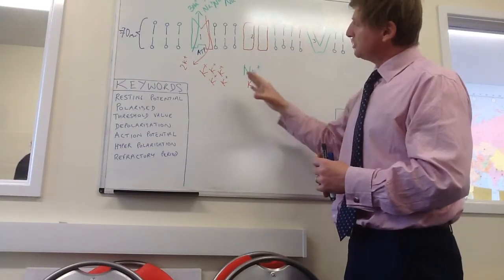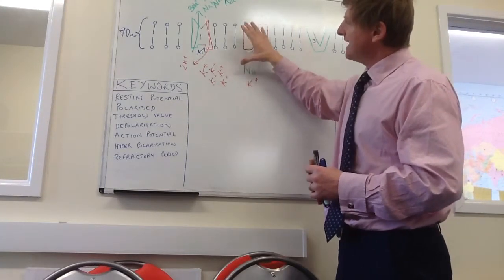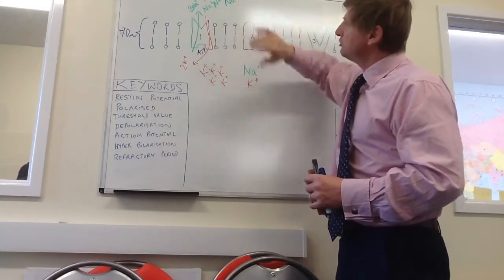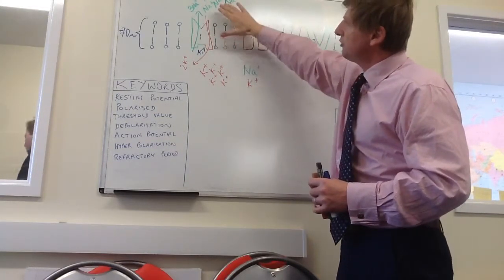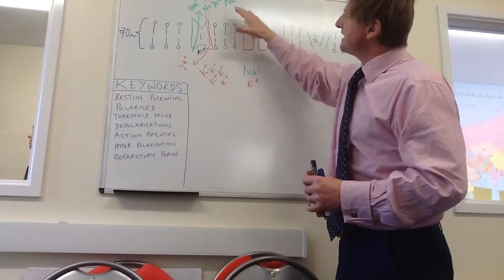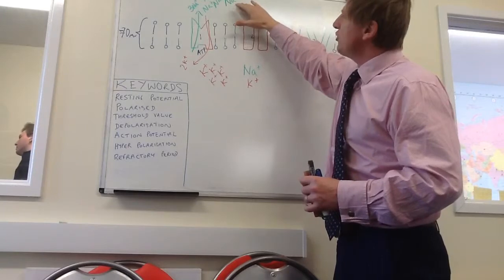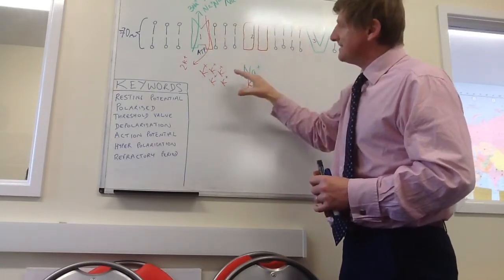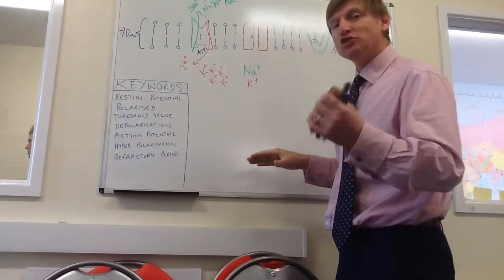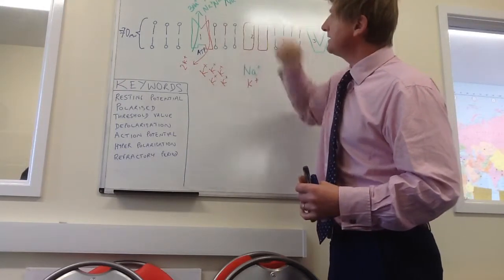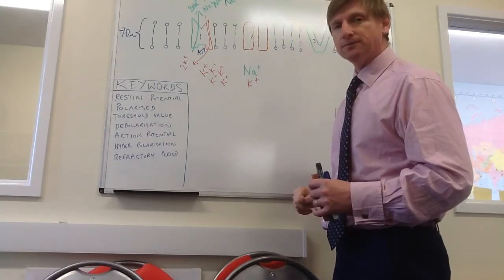And we have created, as I said, not that big a difference in charge between these 3 pluses going out and 2 pluses coming in. So there is a gradient, but it's not that steep right now. But there is a very, very steep concentration gradient between potassium on the inside and potassium on the outside.